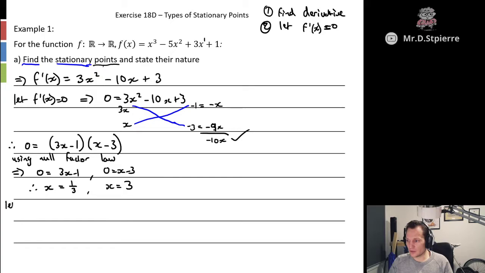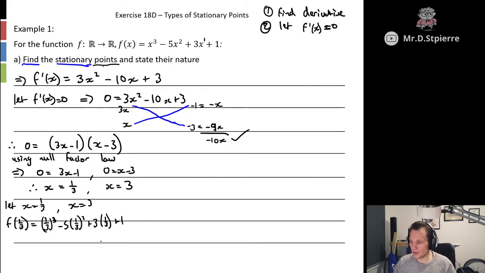So we're going to let x equal to 1/3, and we're also going to let x equal to 3. So it follows on f of 1/3 is equal to 1/3 cubed minus 5 times 1/3 squared plus 3 by 1/3 plus 1.